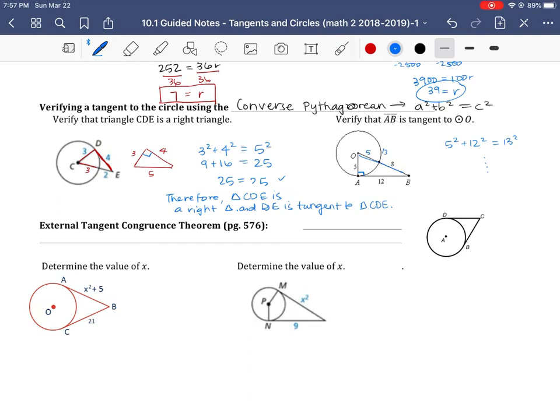Lastly, the external tangent congruence theorem. It basically just says if you have two tangent lines coming together, and this makes sense in the case of the triangles, I'll show you, essentially they're saying that if this piece DC right here is tangent, and if this piece CB is tangent, then those must be the same length.